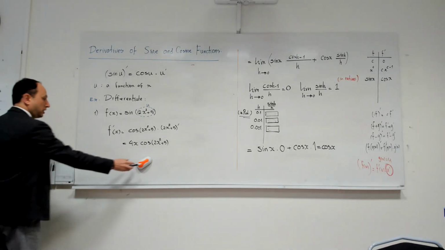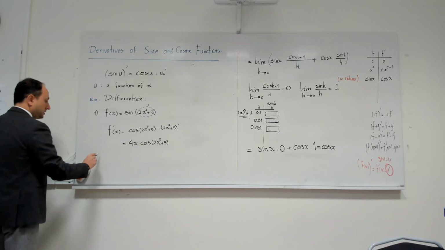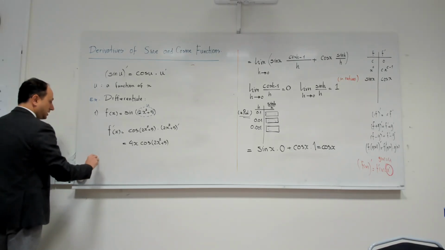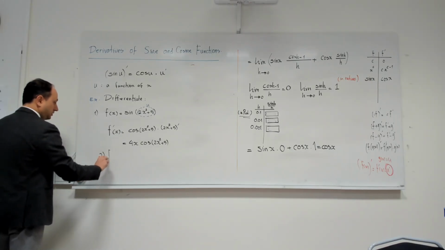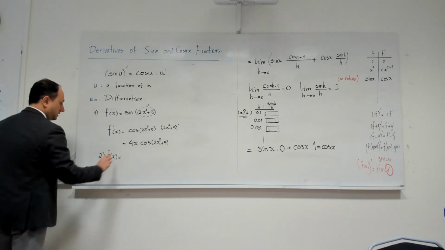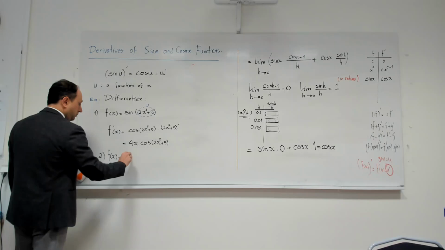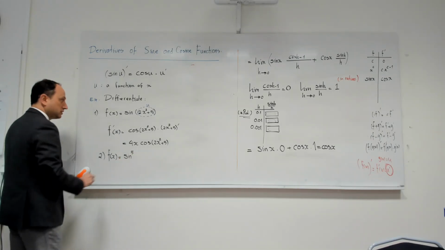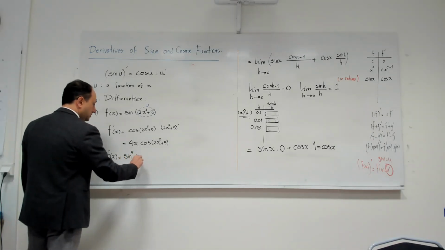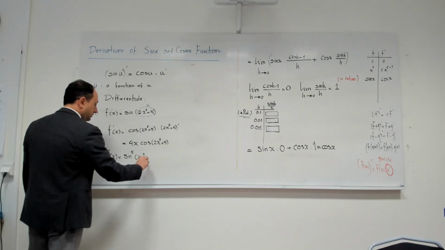Based on my experience, many people actually make some mistakes here. So let me now see what you do. Yes, f of x equals, I would write sine to the power of 5, and then I would write 2x squared plus 5.